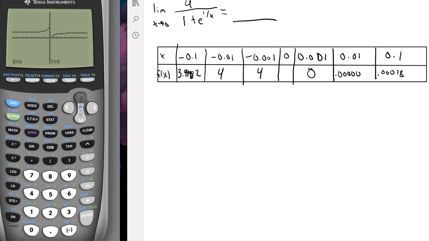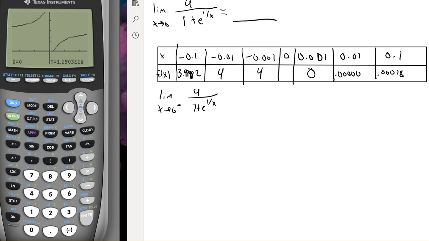Let's zoom in a bit. All right, so sure enough, the left limit, so we can say the limit as x approaches 0 from the left side of this, the values got closer and closer to 4.